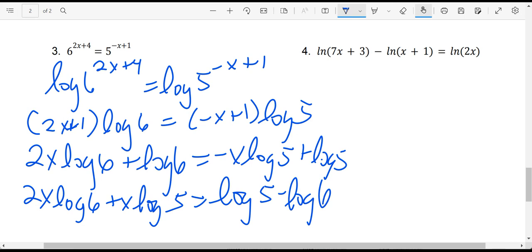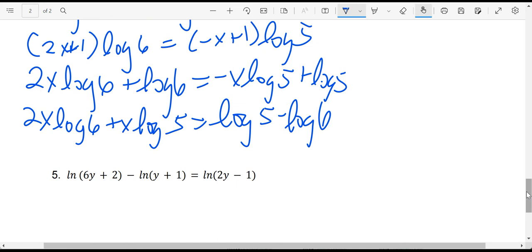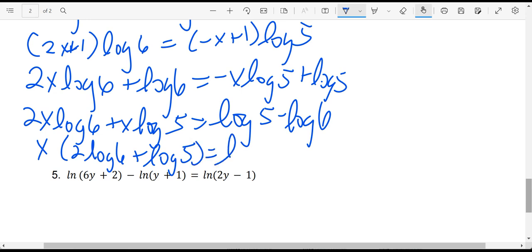Okay. So we have an x in both terms on the left, so I can factor out an x. Left with 2 log 6 plus log 5 equals log 5 minus log 6.